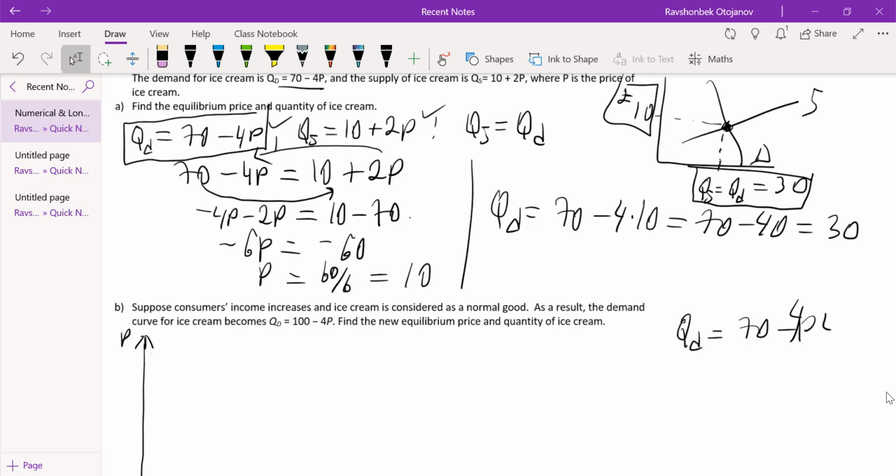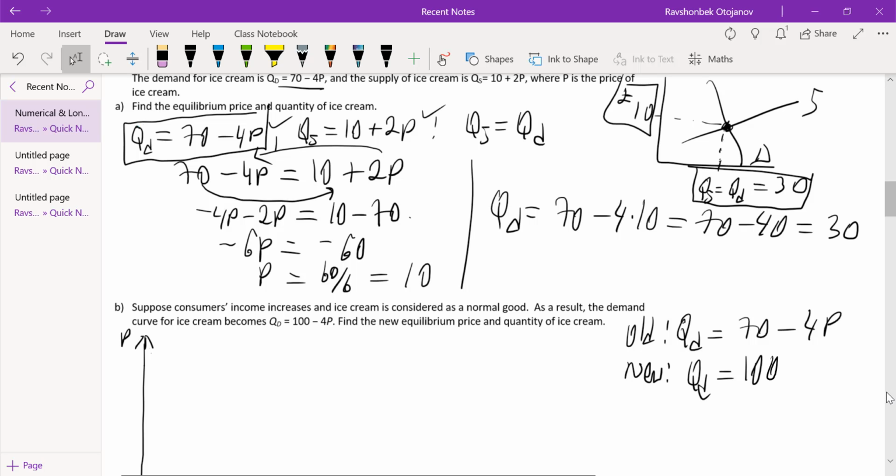That's 70 minus 4p. So this is what we call the old demand curve, and the new demand curve is now quantity demanded equals 100 minus 4p. Right, so what's happening here?